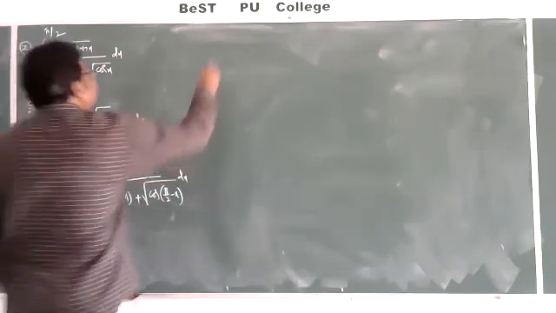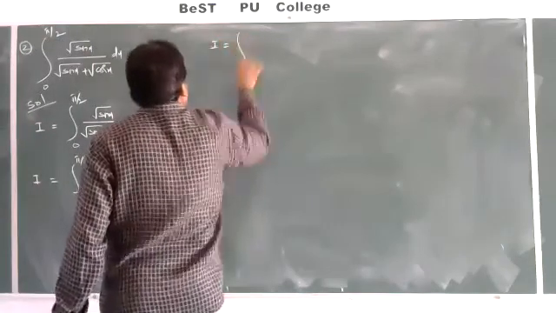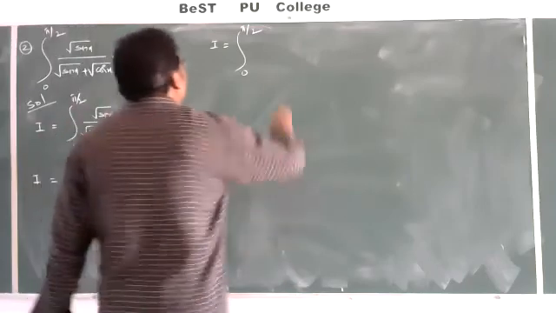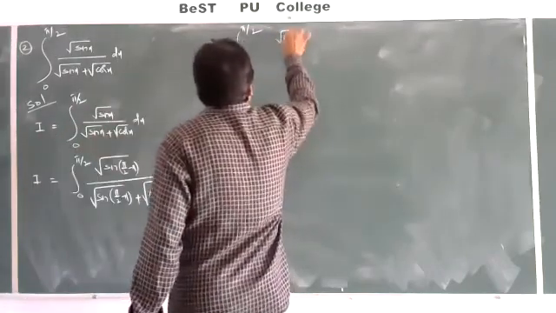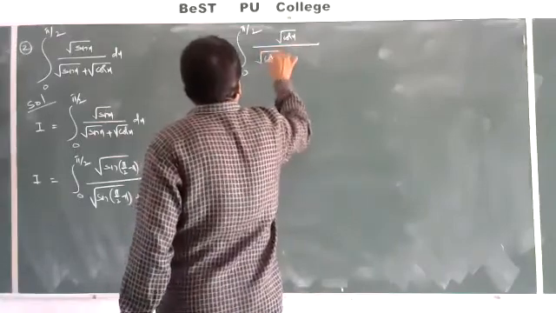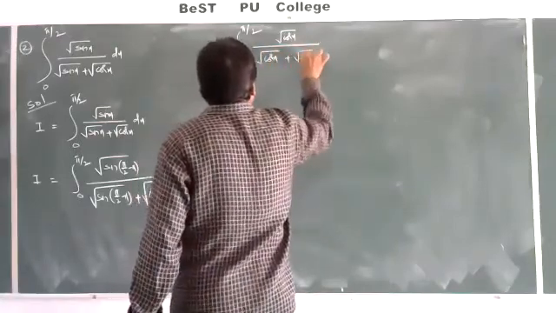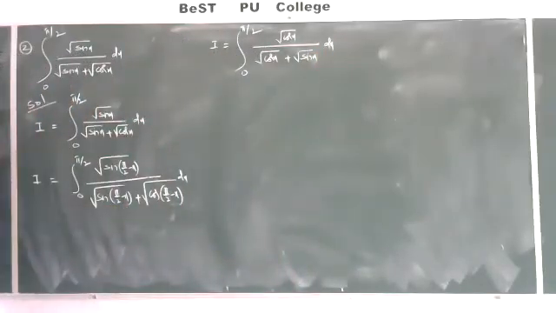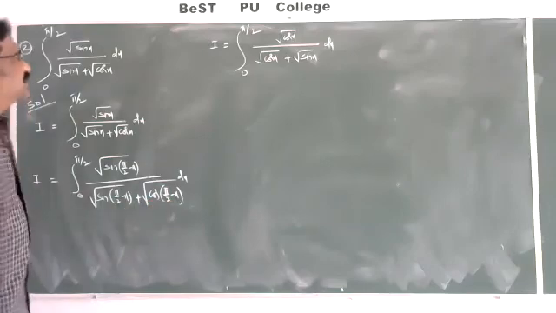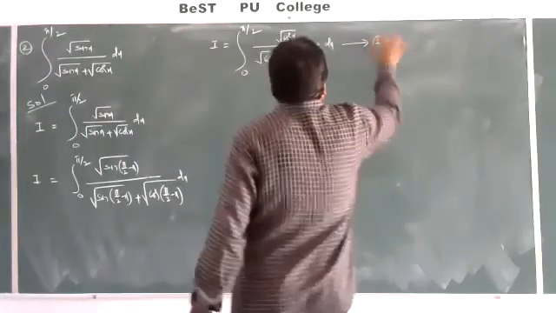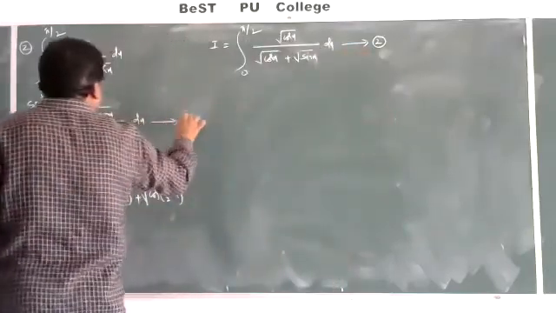Then you get I is equal to again integral 0 to pi by 2. Sin of pi by 2 minus x is cos x, that is root cos x by the denominator root cos x plus root sin x into dx. Sin of pi by 2 minus x is cos x, cos of pi by 2 minus x is sin x. So this is the second equation. First I is the first equation.